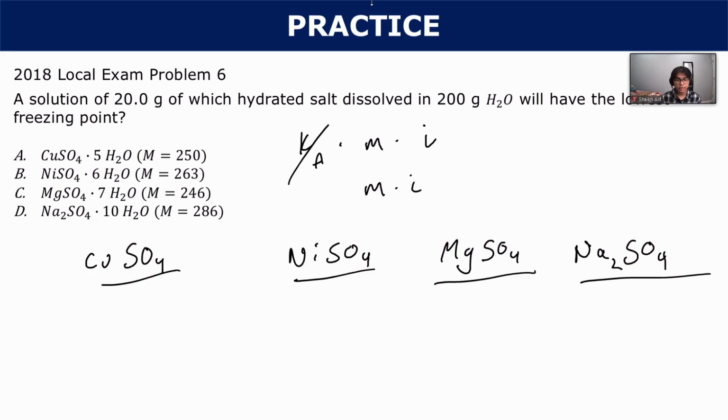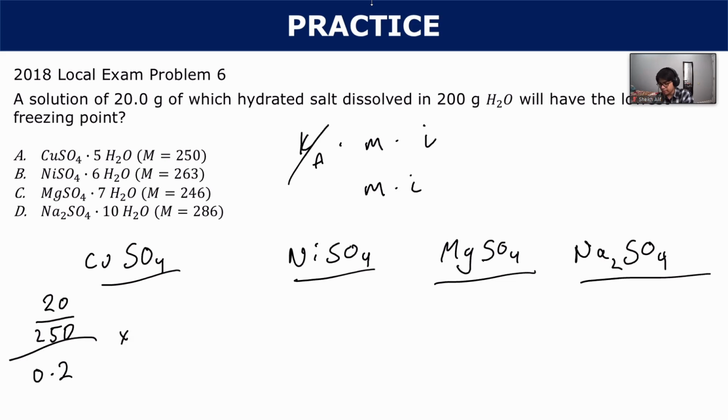All right, so I split up all the 4 choices so that we can look at them one by one. So let's calculate the molality and then the i value. So the molality here is going to be the number of moles over a kilogram of solvent. So the moles here is going to be 20 grams over the molar mass 250 over 0.2.